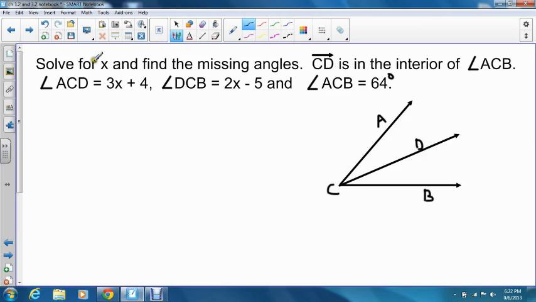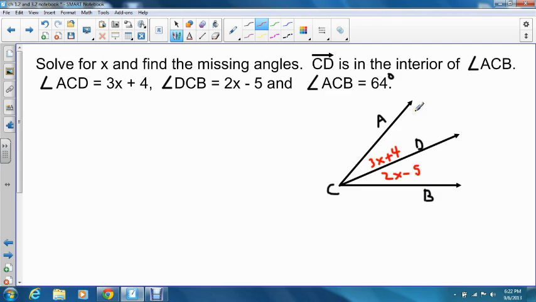All right, so it tells us what our angle values are, so I'll go ahead and plug those in. It tells me that angle ACD is 3x plus 4. And then it tells me that angle DCB, so this angle down here, is 2x minus 5.